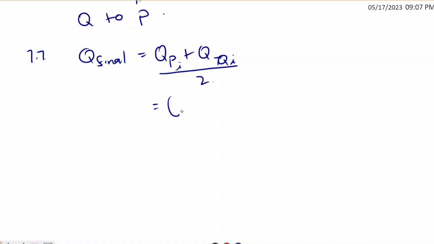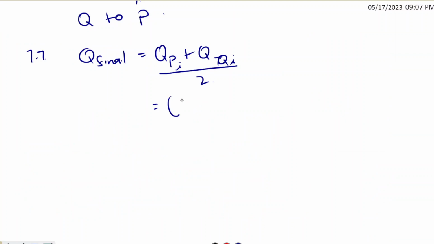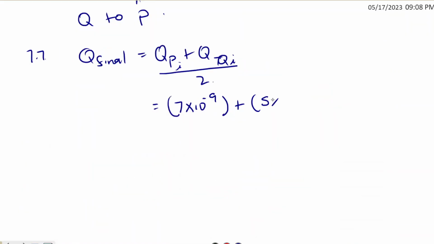So initially charge P is 7 nanocoulombs, that is 10 to the power of -9, plus charge Q, which was 5 nanocoulombs, divide all of that by 2.